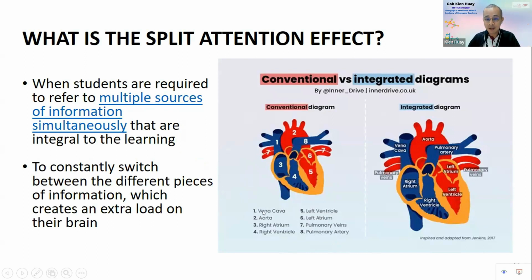Although it is well labeled with all the different parts of the heart, it is actually cognitively more overloading than the integrated diagram on the right-hand side, because it constantly demands the student to switch their attention between the diagram and the information below. So we call this the split attention effect. When students are required to attend to or refer to multiple sources of information simultaneously, which are integral to learning, we call this the split attention effect.